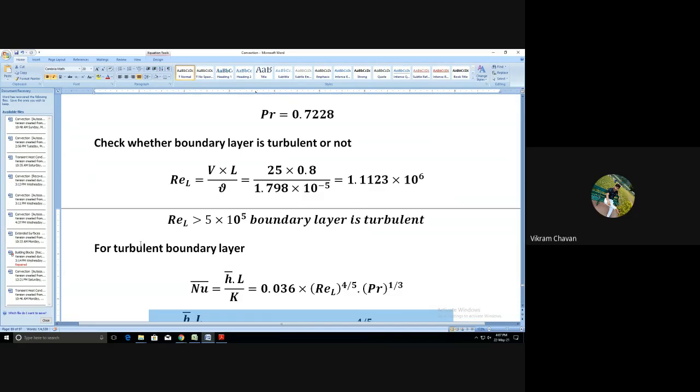You can put up your answer in the chat box if you have calculated the h bar value.